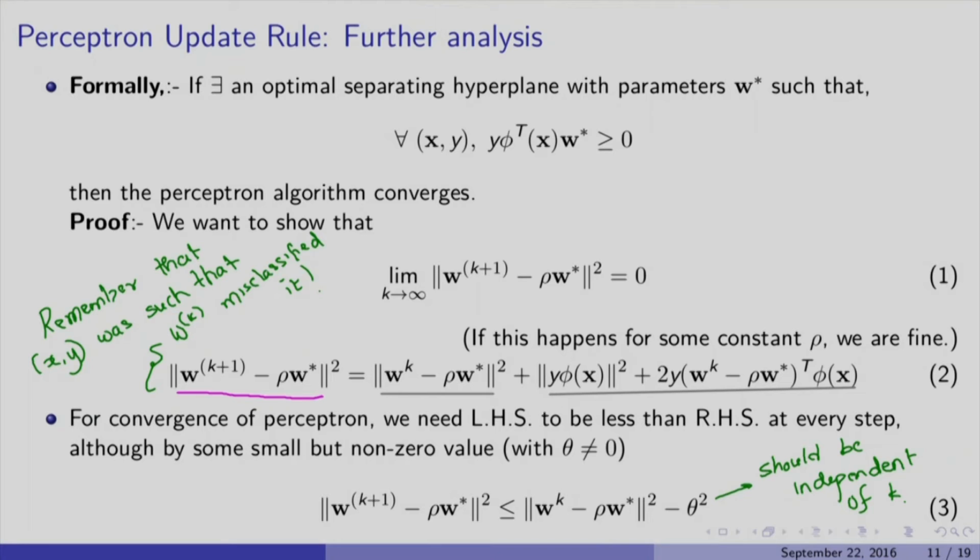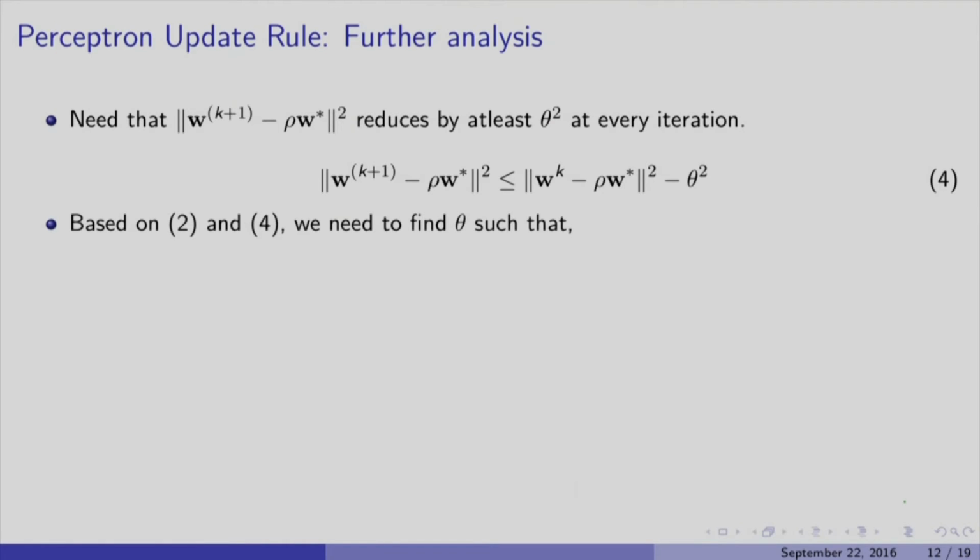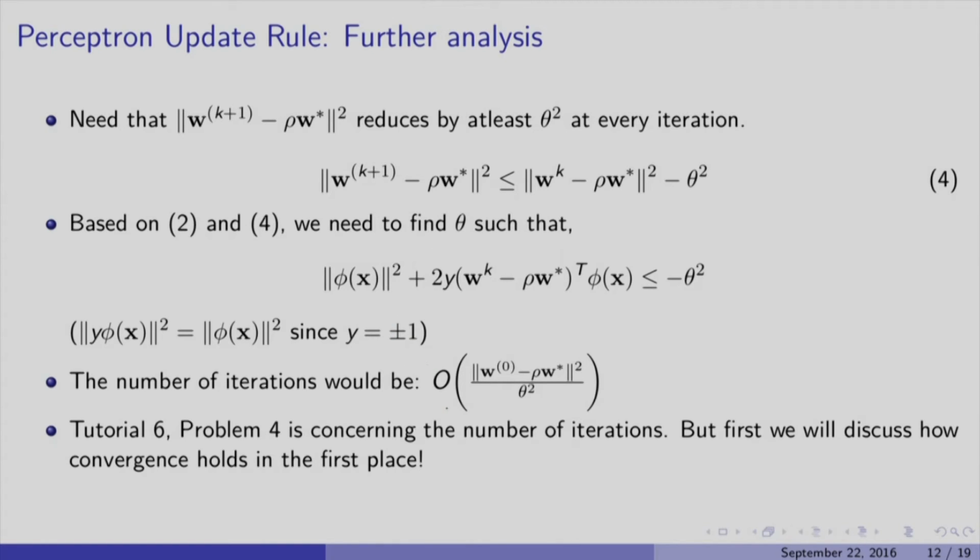We are basically ensuring that there is a finite decrement in every step. What is the implication? Well, if this were true, we could characterize a number of iterations in which we will converge. So if we ensure 4, we can basically ensure that the number of iterations for convergence is order of w0 minus rho w star square divided by theta square. Now what is a desirable theta square? Well, we have already seen in 2 that w k plus 1 minus rho w star square is w k minus rho w star square plus some terms.